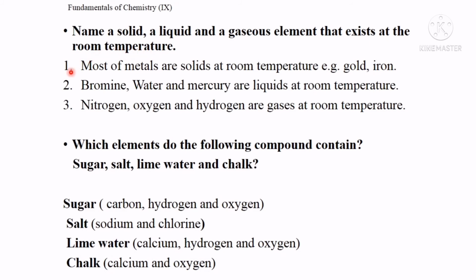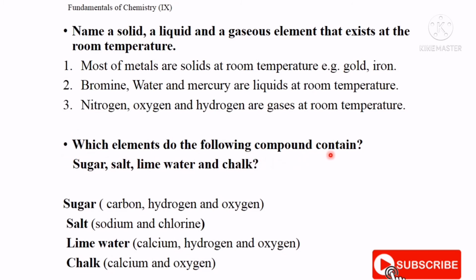As we have read, most metals are solid at room temperature, for example gold, iron, silver, etc. Whereas examples of liquids at room temperature are bromine, water, and mercury, whereas examples of gases at room temperature are nitrogen, oxygen, and hydrogen, and noble gases are also present in gaseous form at room temperature.